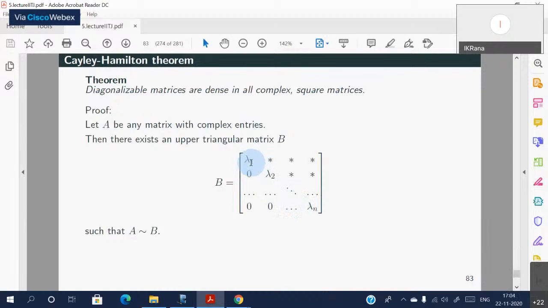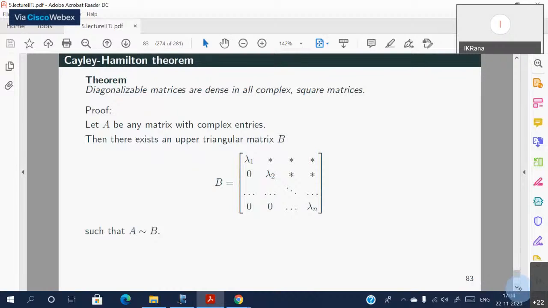That means along the diagonal the entries are there, there are some entries above the diagonal, and below everything is 0. This is a result which can be proved for complex matrices. That means A can be made similar to B, where B is upper triangular. So that is one result. We have not proved that, but it can be. It's not very difficult to go through the proof of that.